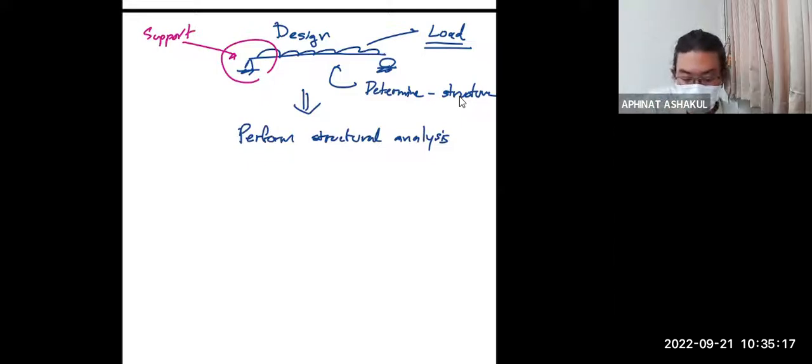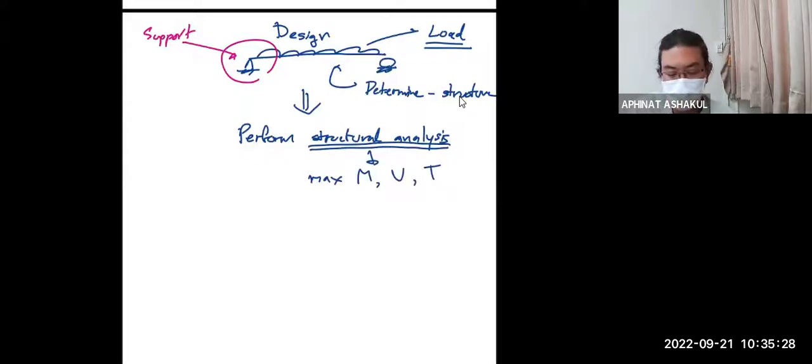So you must perform the structural analysis. Why do you need to do that? So that you get the maximum moment and shear and torsion and axial force, tension, compression, whatever. You need to know the maximum force that your structure will have to undertake, correct?